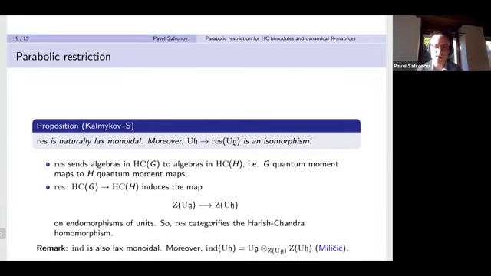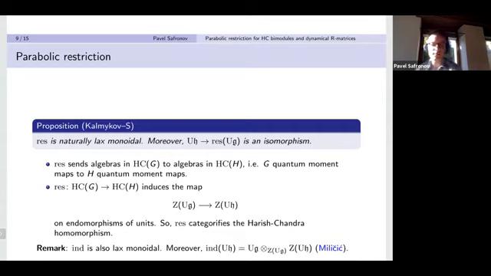There's something special about parabolic restriction: if you apply this to the unit of the category of Harish-Chandra bimodules, which is UG, you actually get the unit of Harish-Chandra bimodules for H. So I said it's lax monoidal. A priori, there's a map from UH into the parabolic restriction of UG, and the claim is that this is an isomorphism. This is not true for the tensor structure, so it's honestly a lax monoidal functor.